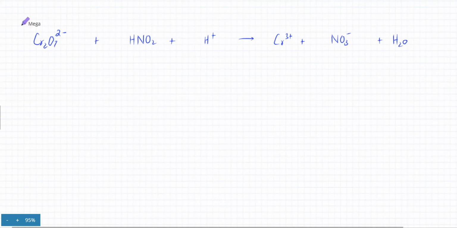What is N over here? Plus 3. And Cr is obviously plus 3, it's given. What is N in NO3 minus? Plus 5.